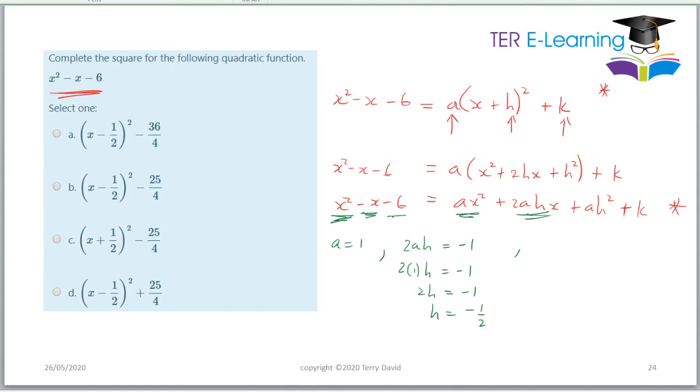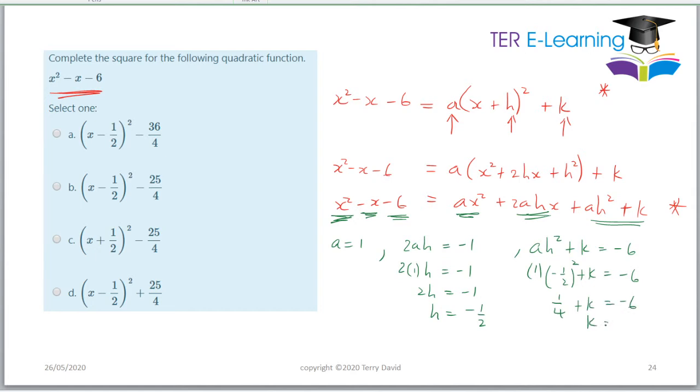What you're left with on the left hand side is minus 6, so ah squared plus k is equal to minus 6. But you know a is 1, and you also know h is minus a half, and this is squared. So minus a half squared gives me a quarter, plus k equals minus 6.